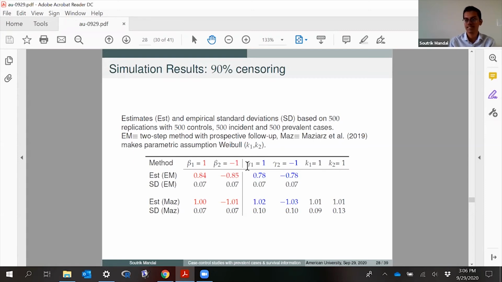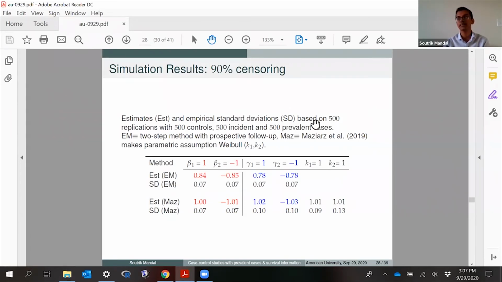And again, this is not surprising at all because 90% censoring is a very extreme case, which means if you have 500 cases, 450 of them have been censored and only 50 you have observed till death. The only reason we study this scenario is because the real data that I'm going to discuss next also has censoring that is approximately 90%. So I just wanted to show you the results from here.